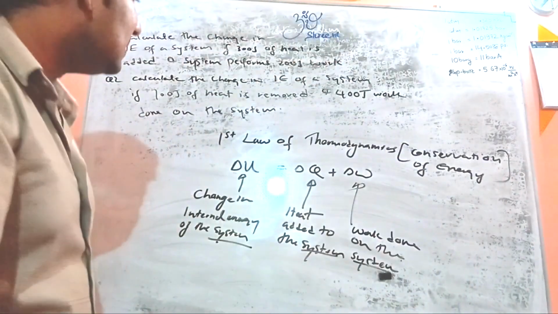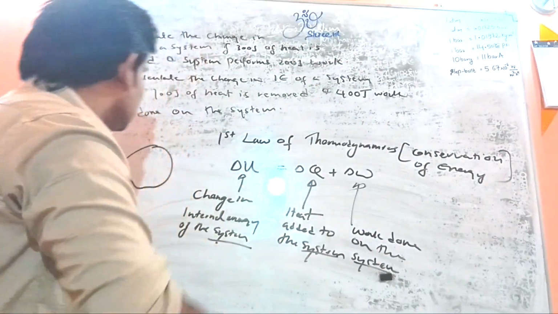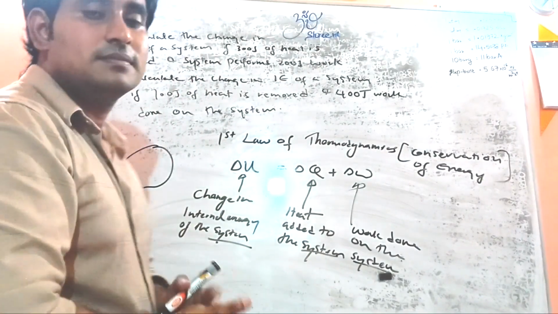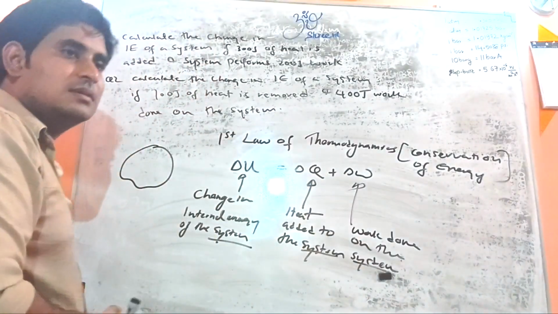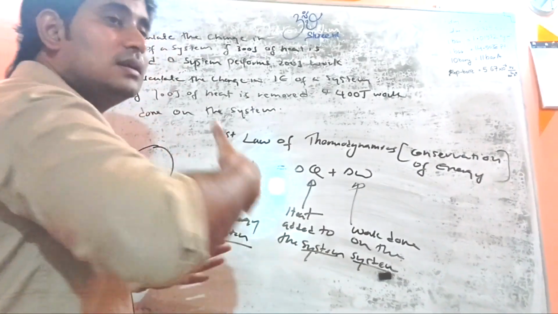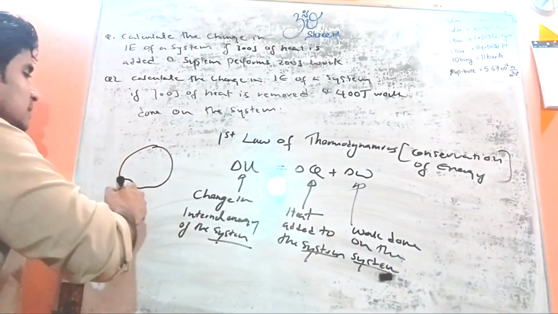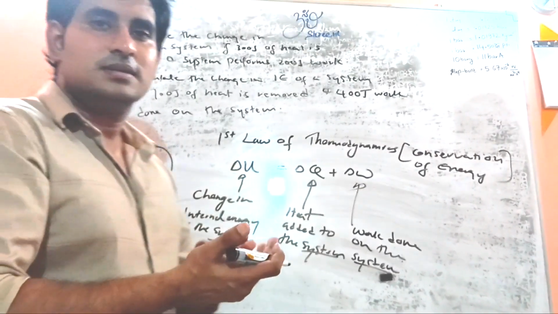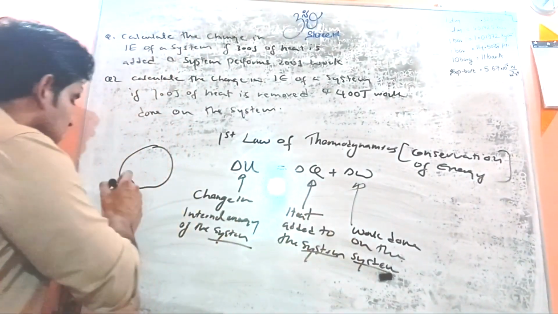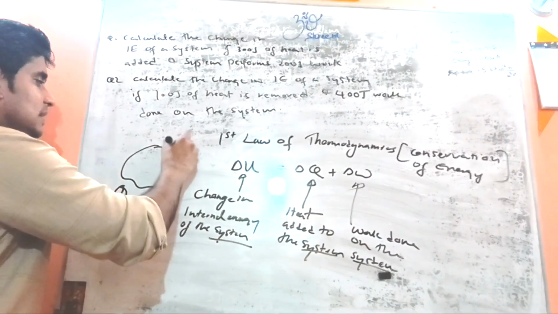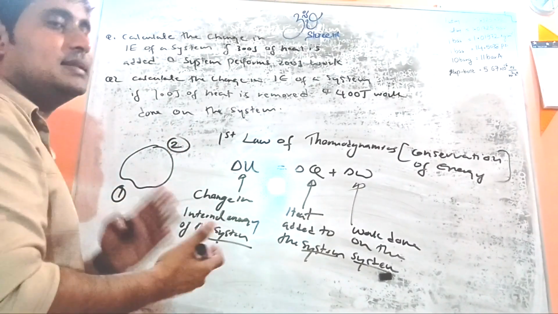So that means basically, so now just think that there's a particular system, right? And we are going to perform a certain task. Let's say during this task, we are going to perform work so that there is a certain process that takes place from state 1 to state 2. Let's call it like that.